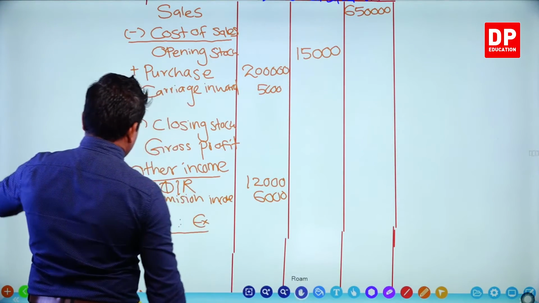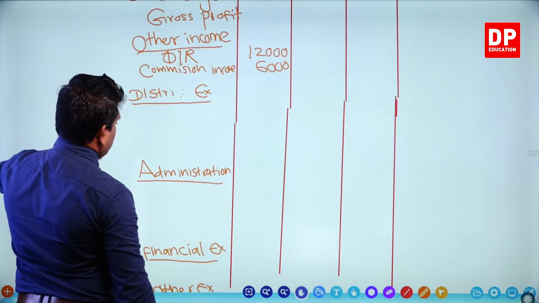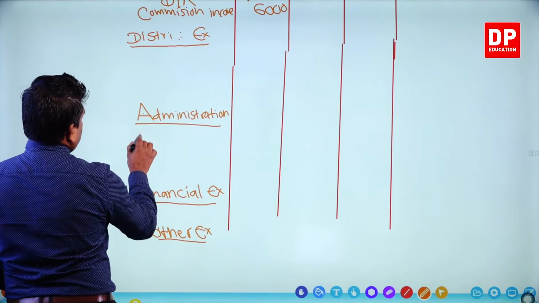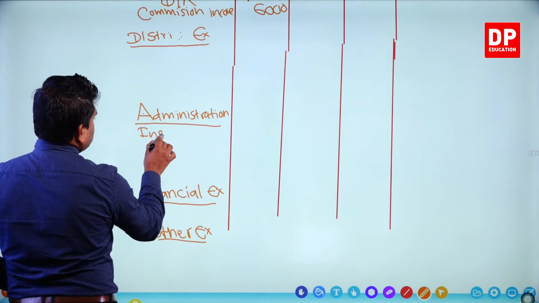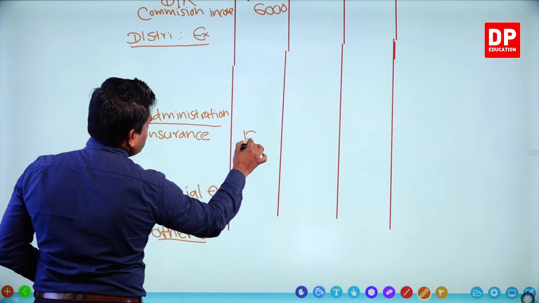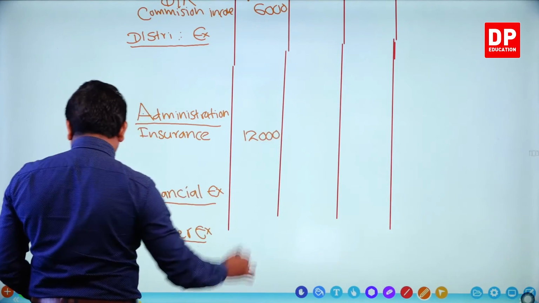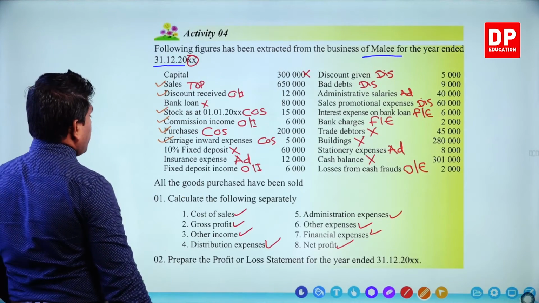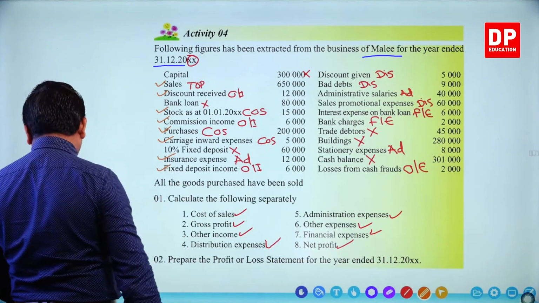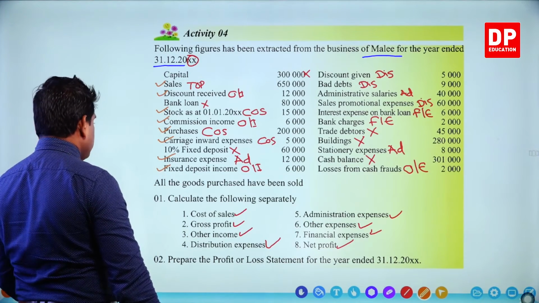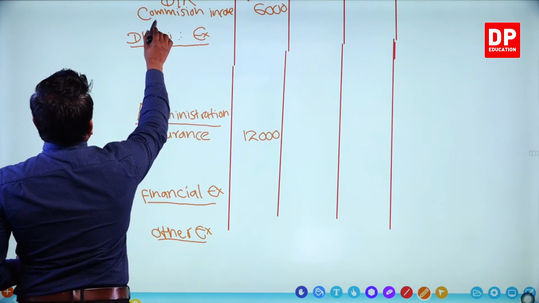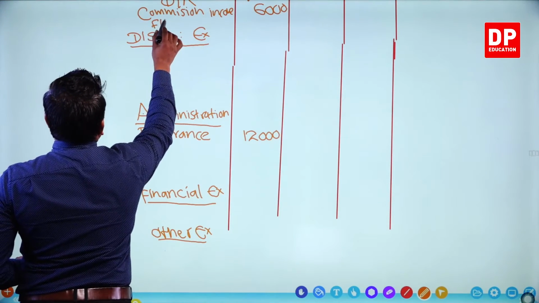Here you put insurance 12,000. The next one, fixed deposit income, other income. Here FD income.